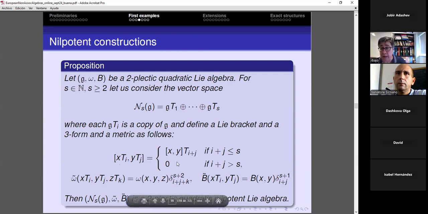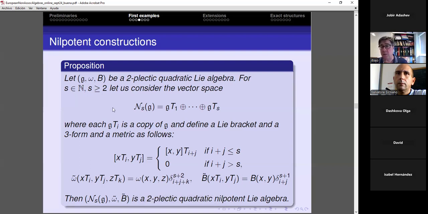That makes this an nilpotent Lie algebra, of S steps maximum, and it is quite simple to see, as we had already seen in a previous paper, that these Lie algebras are always quadratic. One can take this quadratic form, and we saw that they are also two-plectic, and that this W tilde gives us a two-plectic form on this nilpotent Lie algebra.